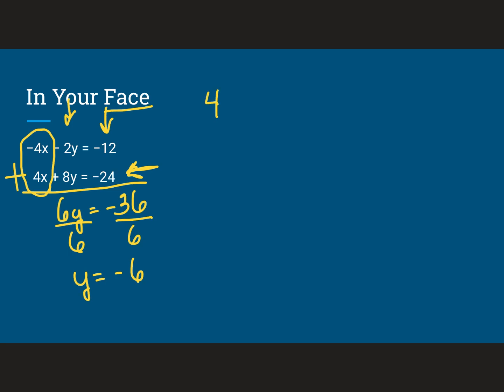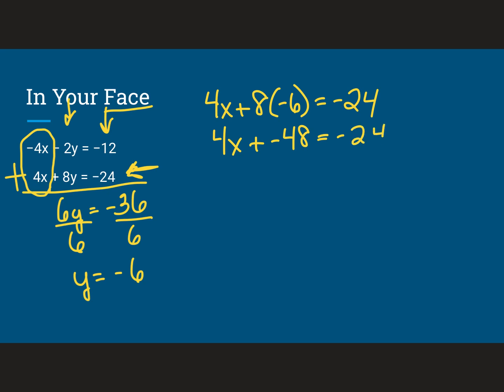So I have 4x plus 8 times y, which I know is negative 6, equals negative 24. So 8 times negative 6 is going to give me negative 48. So I have 4x plus negative 48 equals negative 24. So I'm going to add 48 to both sides.